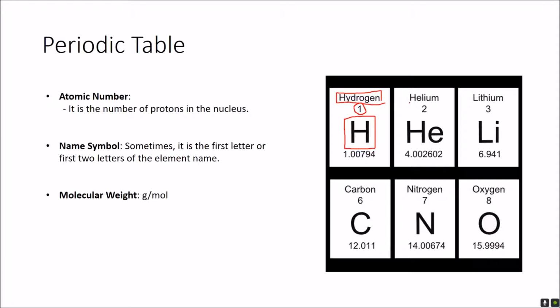As you can see in helium, the first two letters are H and E, and the symbol is He. And last is the atomic weight, which is the mass of one atom, and the unit of the weight is gram per mole.